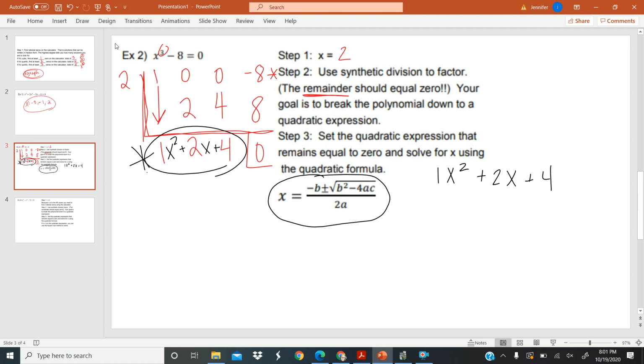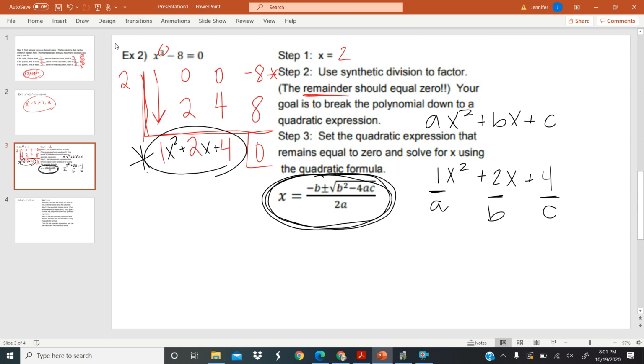So if you remember, to get your a, b, and c, you have ax squared plus bx plus c. So that means this 1 is going to be our a, this 2 is going to be our b, and the 4 is going to be our c. So we just have to put these numbers into the quadratic formula to finish solving this polynomial.